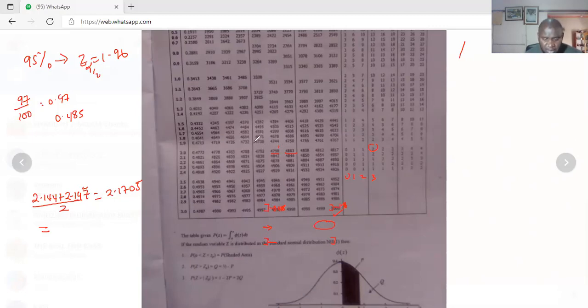What did we read? 2.0, then 2.05, then 4. So it is 2.054, because this is a column of 4, corresponding to that. This is a column of 5, and there you are reading 2.0.